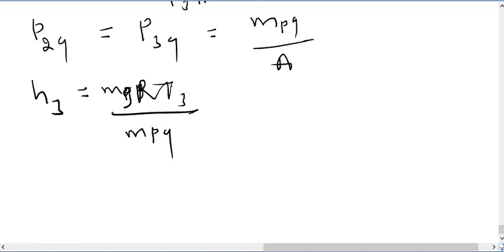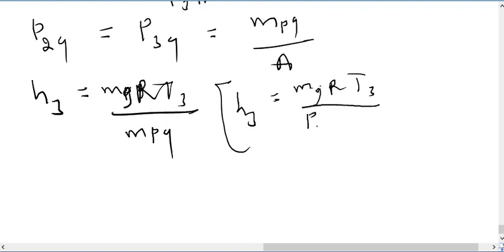That is, I substitute P3 here. This is P3 A. So this P3 A is the same as mass of the piston times gravity. So the area goes with the area. So I have H3 to be equal to mass of the gas R T3 all over P3 A. But P3 is the same as mass of piston times acceleration due to gravity over the area.